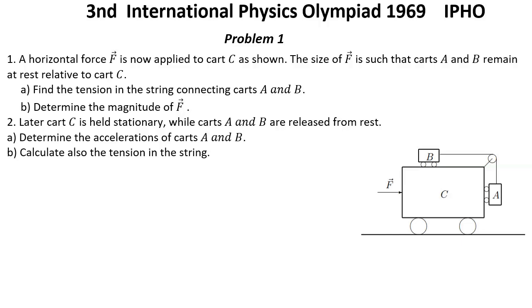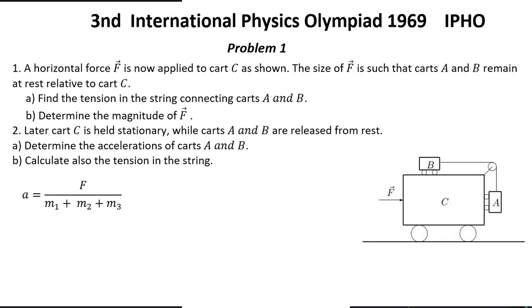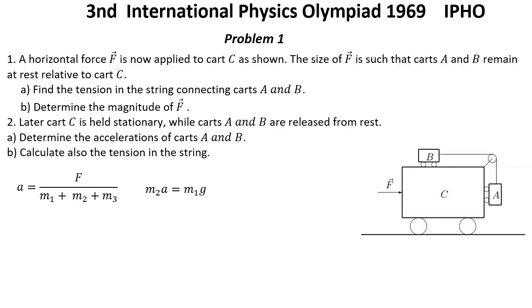First, we have to find the acceleration of all 3 carts. That will be F over the mass of all 3 bodies. Now, using this, we can find the acceleration of carts B and A, because the acceleration of cart B equals a, and for A, the force is M1 g.